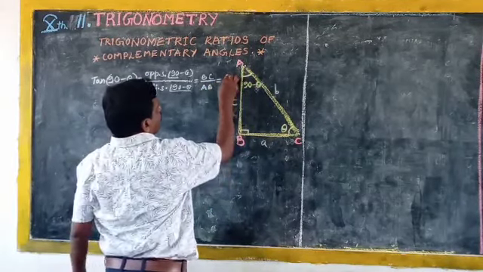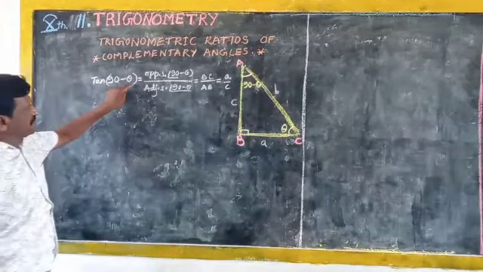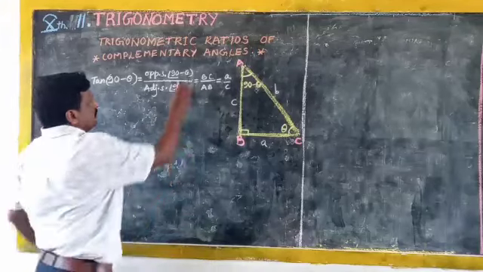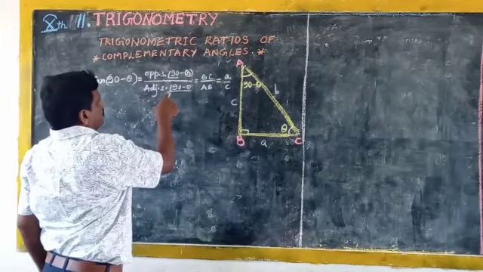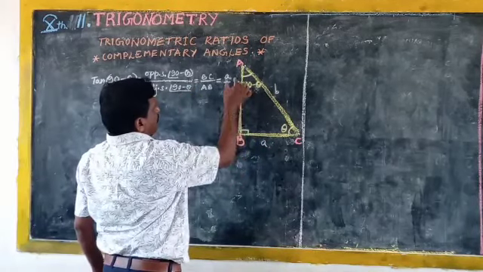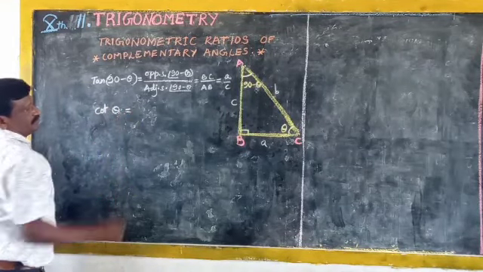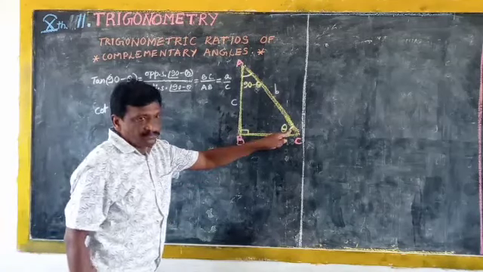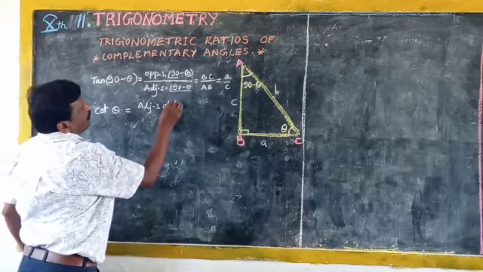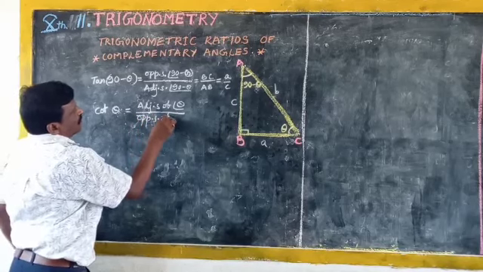BC is equal to a, AB is equal to c. So tan 90 minus theta is BC by AB, a by c. So that is cot theta, which is the adjacent side of angle theta by the opposite side of angle theta.